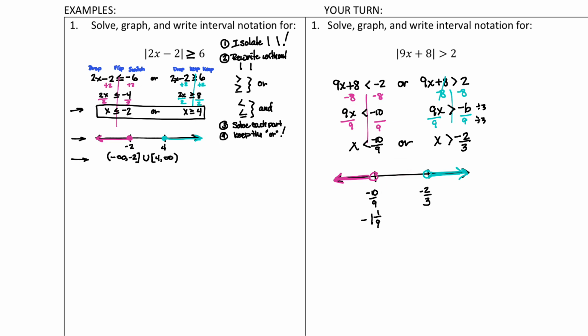All right, so now how do you write it? Interval notation. I'm going to get rid of that. We start at negative infinity and go to negative 10 ninths. Both of them are open. It's the union of that one and this one, both using parentheses.